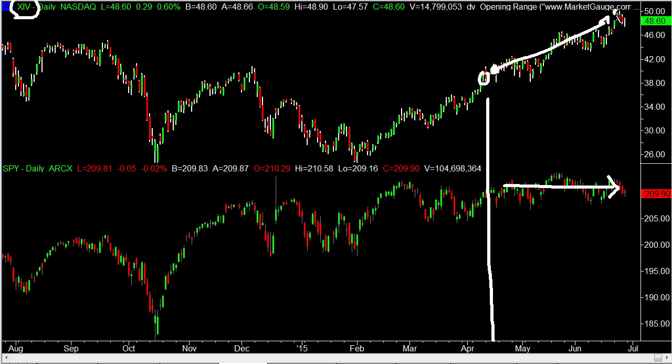Now, we just took profits based on a completely mechanical approach, so I'm not picking a top in here. But if we bought this at around 39, we took profits at around 49, and so this thing went up 10 points, or nearly 25%.